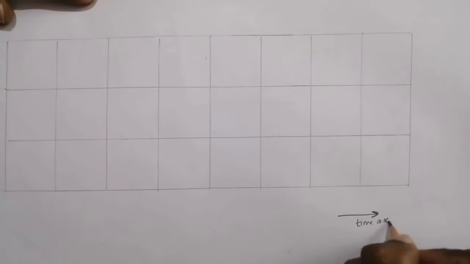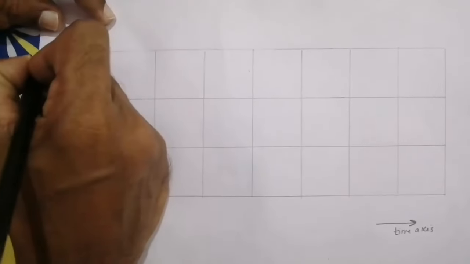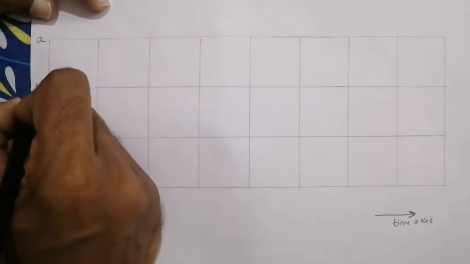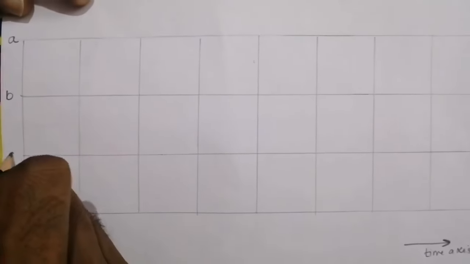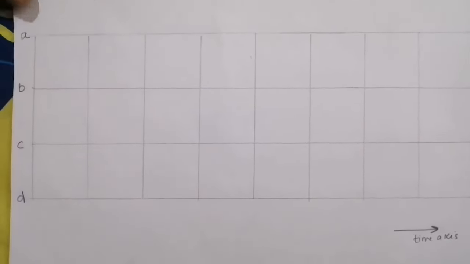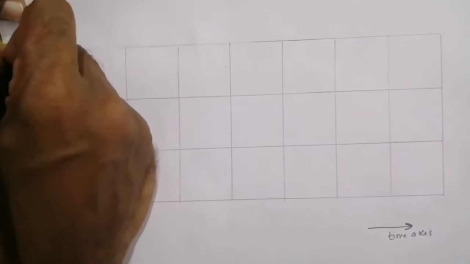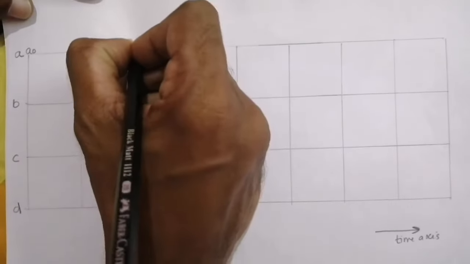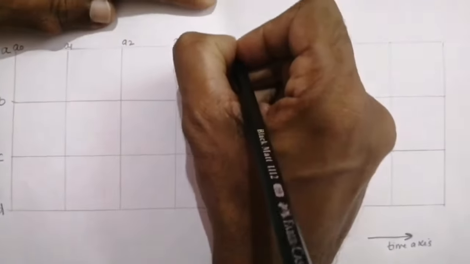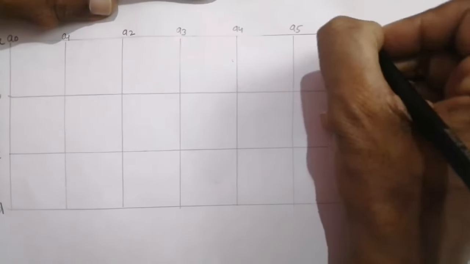In this grid, this corresponds to the time axis, the first line corresponds to state A, the second line to state B, the third line to state C, and the fourth line to state D. Now we can represent all the states with respect to time, like A0, A1, A2, A3, A4, A5, A6, A7, A8.